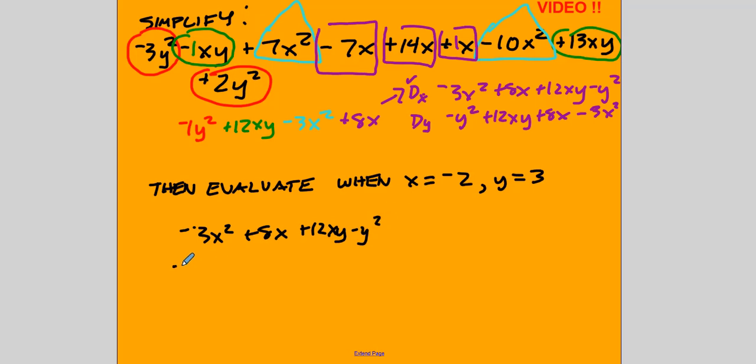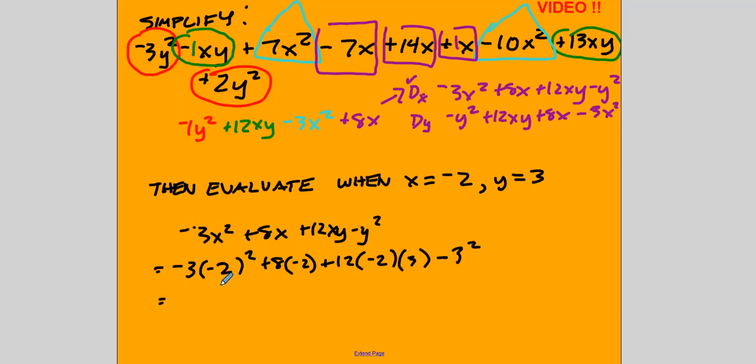So x is negative 2, so everywhere there's an x, I replace it with negative 2. Then I have plus 12 times negative 2, replace x with negative 2, and replace y with 3, minus then 3 squared.